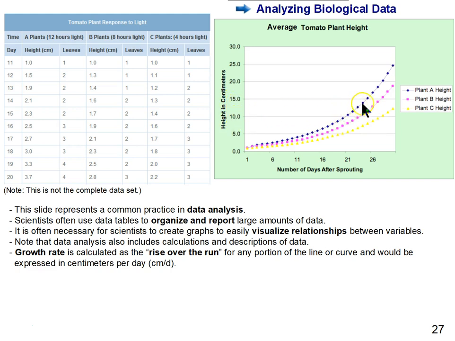So say we're talking about this portion of the line, we would divide the difference between 10 and 15 here, in other words 5, by the difference in time. And that would give us the rate in centimeters per day, because the measurements here are centimeters and the time is in days.